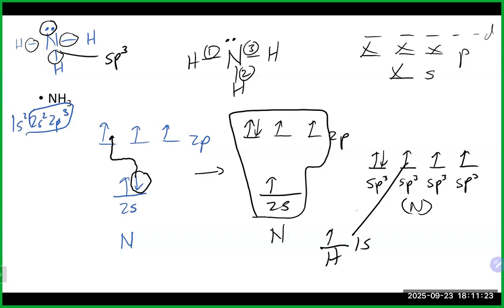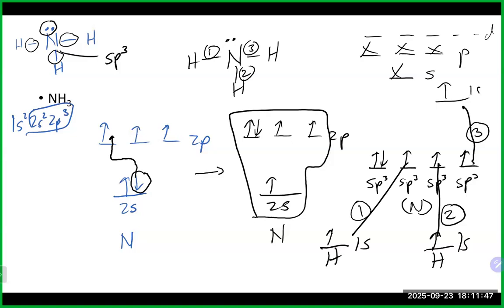So that's going to be bond number 1. We also have another available sp3 hybrid orbital here in nitrogen that can make a bond with a hydrogen 1s orbital as well. We'll call that bond number 2. And lastly here, we have one more bond. Let's just go upwards because I'm running out of room. This one is available to make that third bond with the 1s orbital in hydrogen.